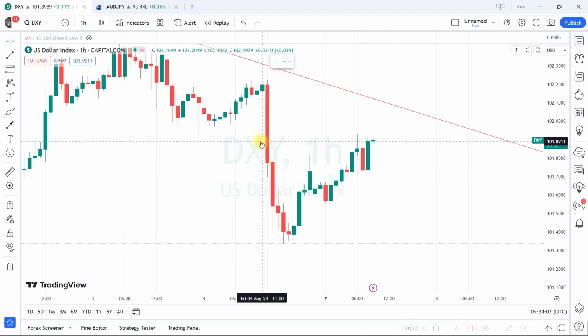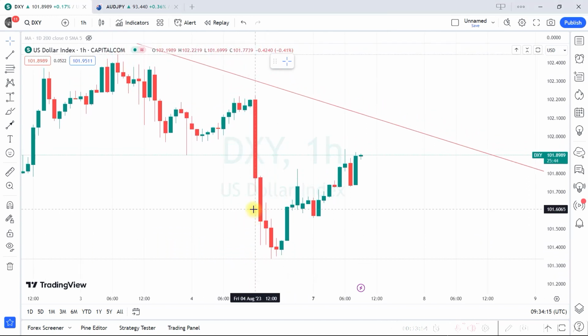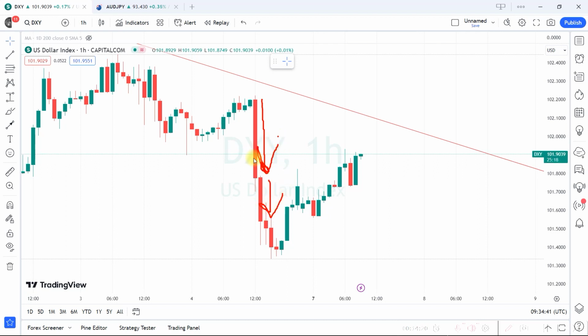Here we are. This is the dollar index, and this is Friday, 4th August. This is when the NFP report came out, and it came out at 12:30 GMT, 8:30 Eastern Time, 8:30 a.m. I think. Yeah, in GMT time, that's 3:30 p.m. So this is the hour in which the NFP was released, and you can see the strength of the dollar turned into weakness during these 2 hours, right?